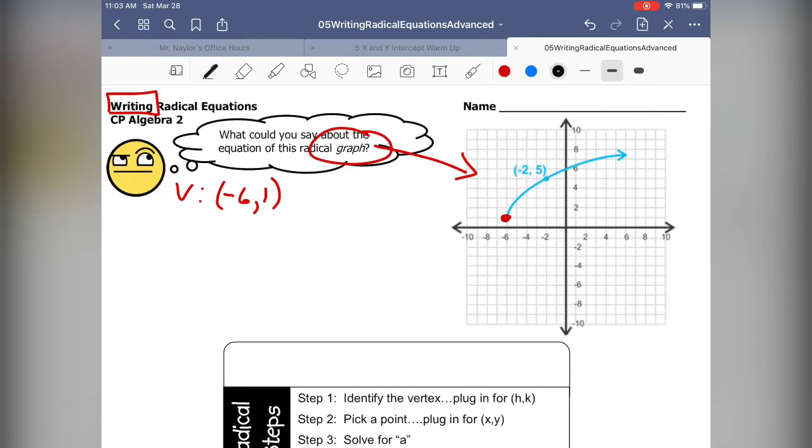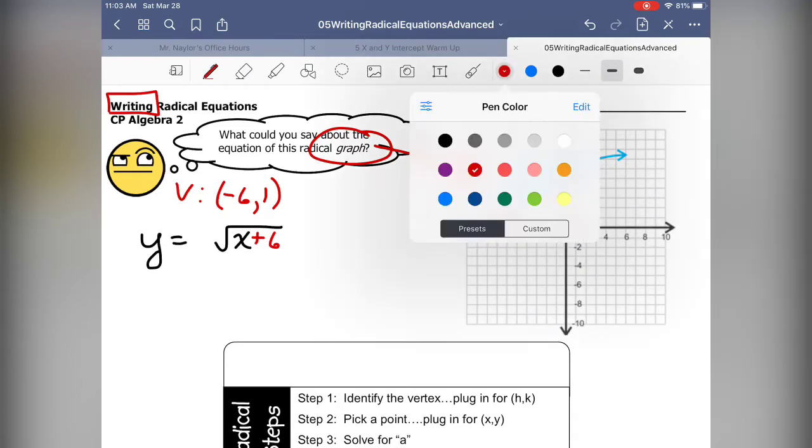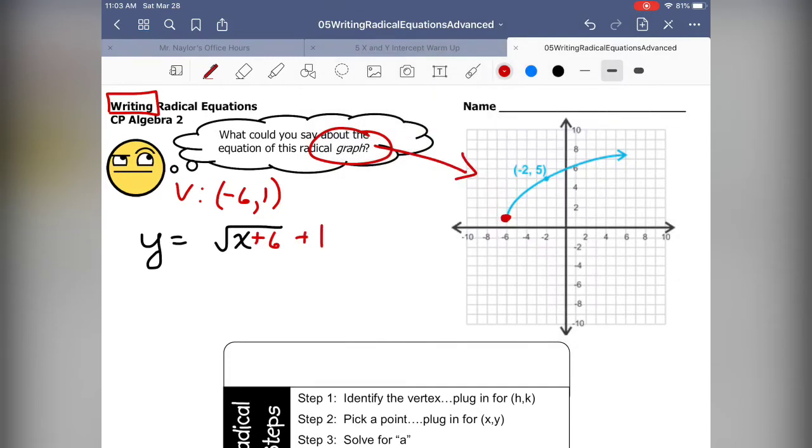In fact, you see how you can take your -6 and very quickly say that you then would have an x plus 6 under the radical. And you see how we can take the 1 from this vertex and very quickly say that we would have a plus 1 on the outside of the radical. And just like that, it appears that we have an equation written. And in fact, we do.